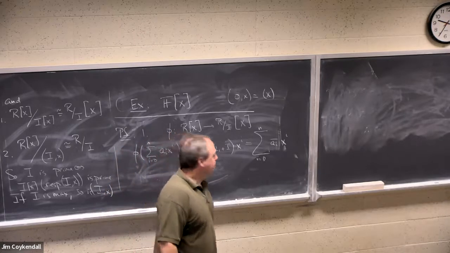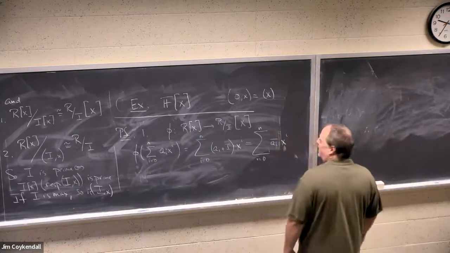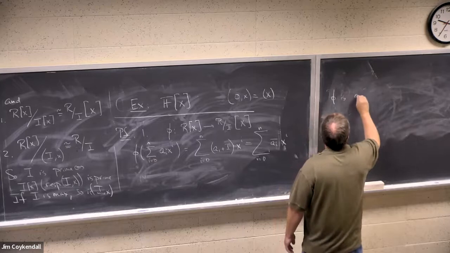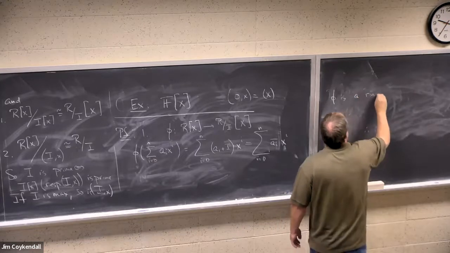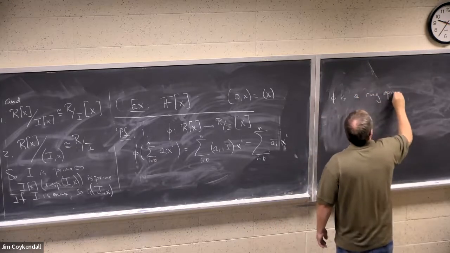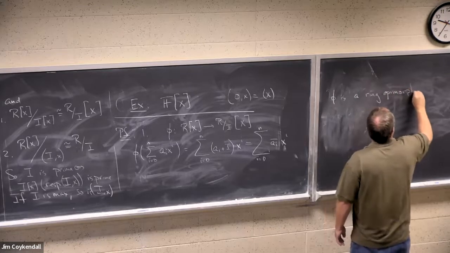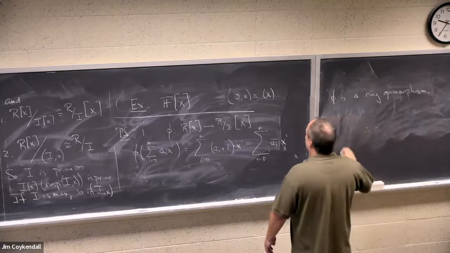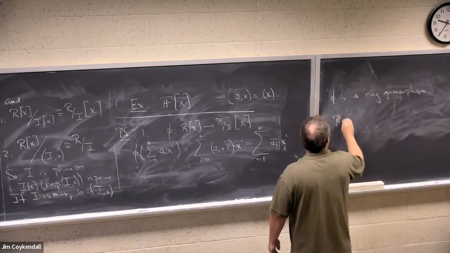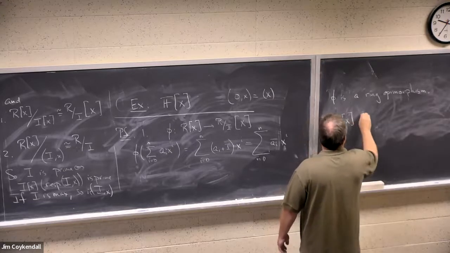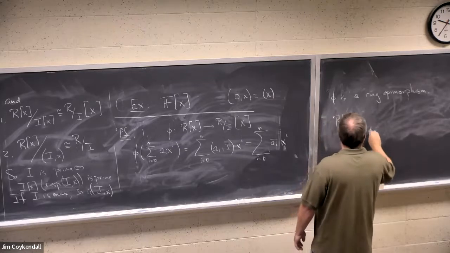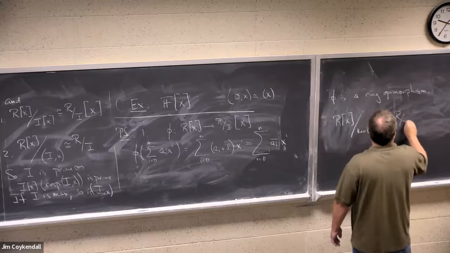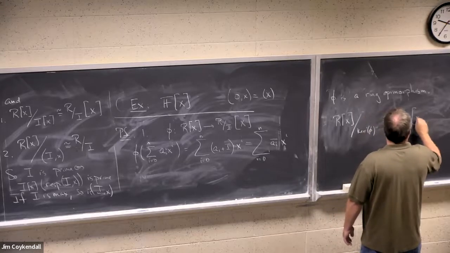And so notice that phi is a ring epimorphism. So this means that R[x] modulo the kernel of phi is isomorphic to (R/I)[x].